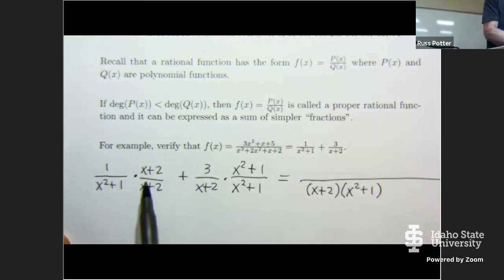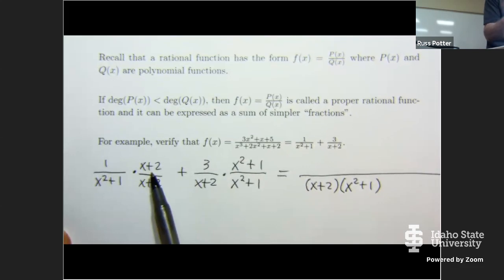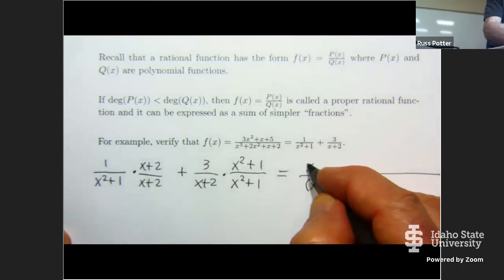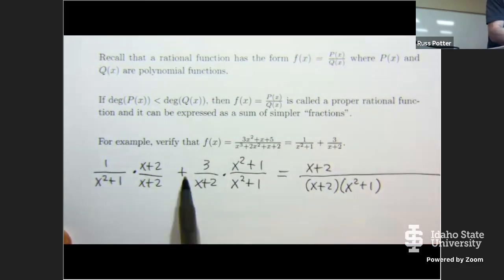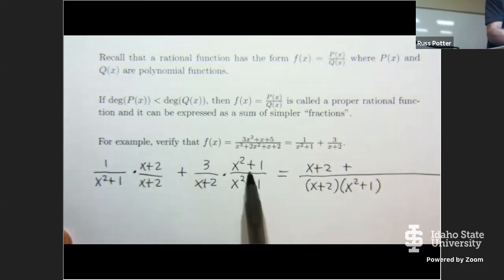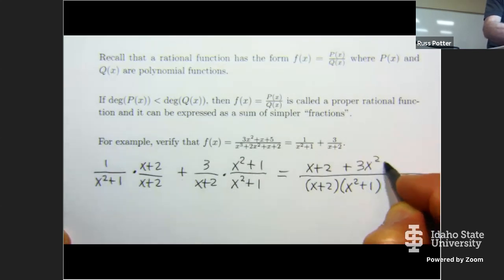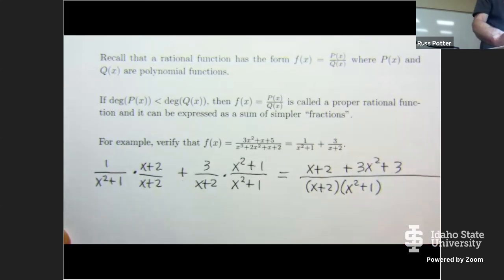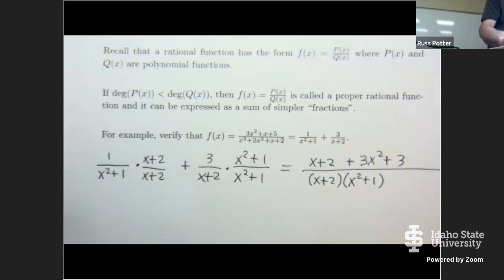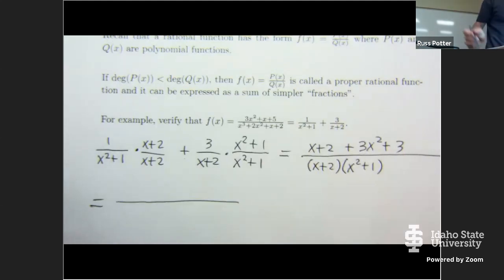And then we do the arithmetic in the numerator. So we have 1 times the binomial x plus 2, which is x plus 2. Then we're adding 3 times the quantity x squared plus 1. So that's plus 3x squared plus 3. And we'll simplify it a little further to write the numerator in standard form.